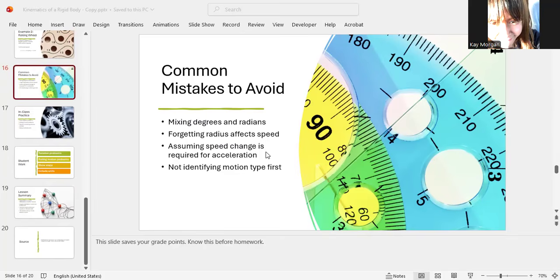And the last one is that sometimes you don't identify the motion type first. Make sure you always decide whether the motion is translation, rotation, or both, general plane motion, before choosing your equation.